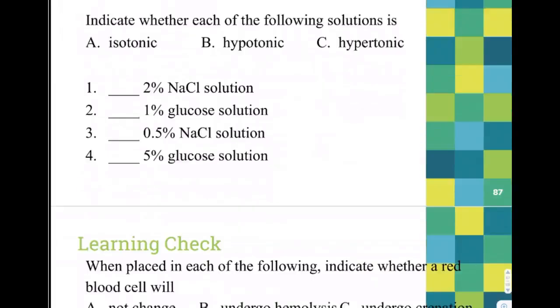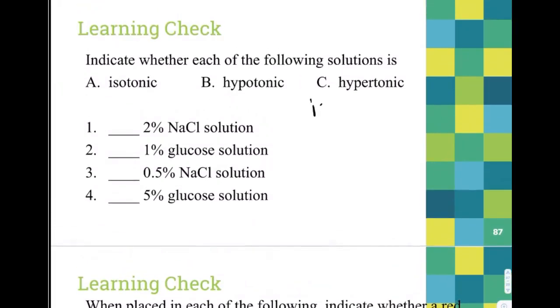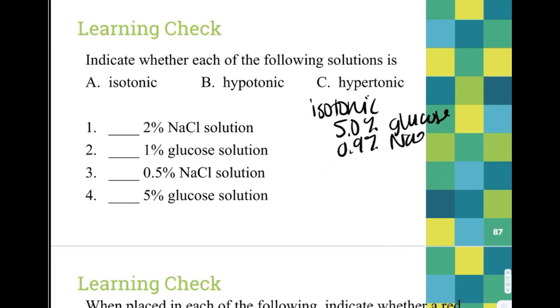And so doing this learning check, remember that isotonic, and I will have this information for you, is 5% for glucose and 0.9% for sodium chloride. You should probably know that if you're going into the healthcare field, but I'll have it on a periodic table for you for the next exam, or I'll have it written on the exam for you as well.